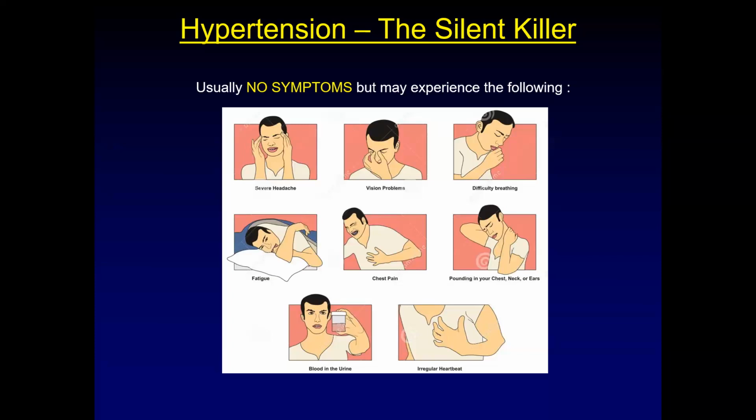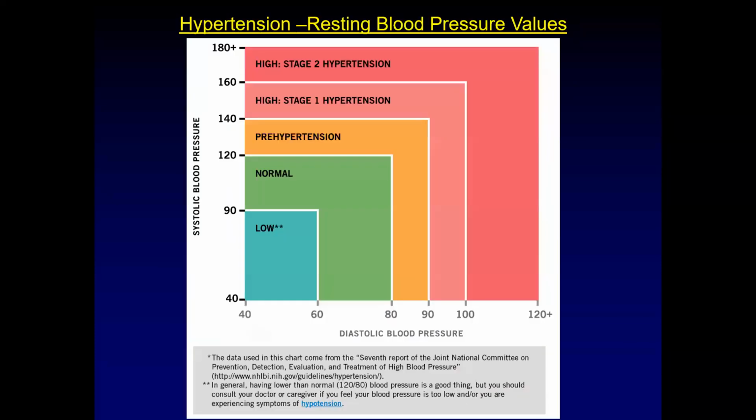The problem is, unless you get it checked regularly, very often there are no symptoms. You're fine, you just have all these things. The elevation in pressure can press on nerves and increase fluid accumulation in certain places, and the pressure is high. You may have blood in the urine because you're filtering so much.